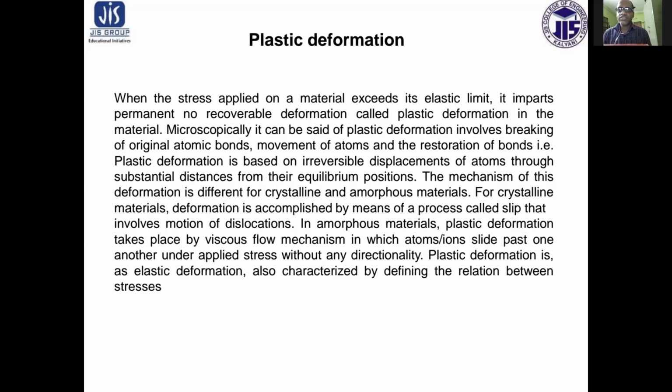Now we come to plastic deformation. When the stress applied on a material exceeds its elastic limit, it imparts permanent, nonrecoverable deformation called plastic deformation in the material.